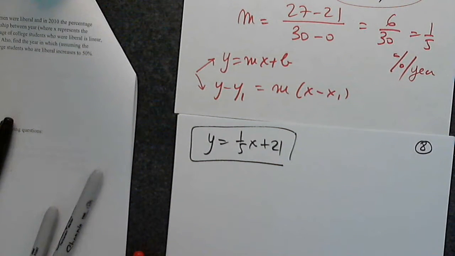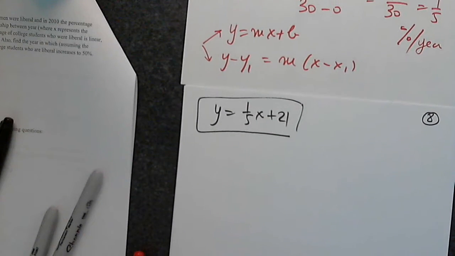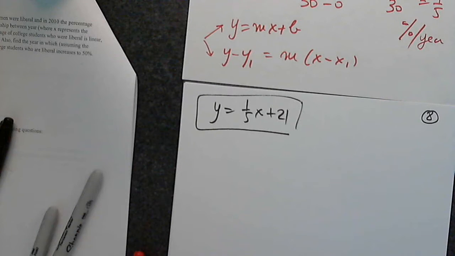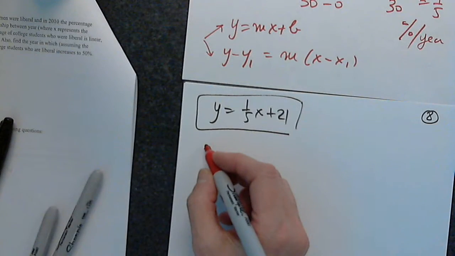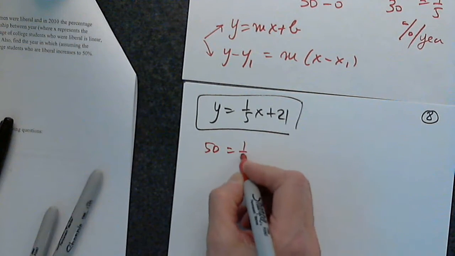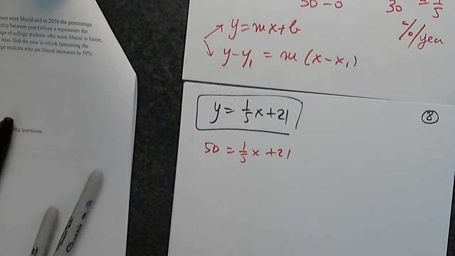Now the second part, find the year in which the percentage increases to 50%. What is given to us and what we need to do? I replace, exactly, I replace y by 50. 50 equals 1/5 x plus 21.